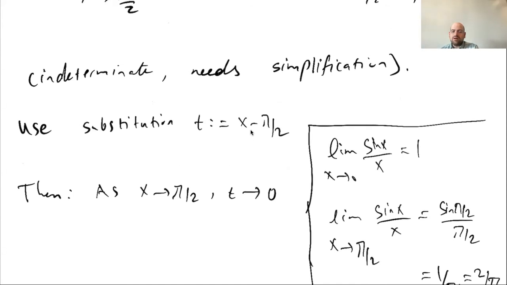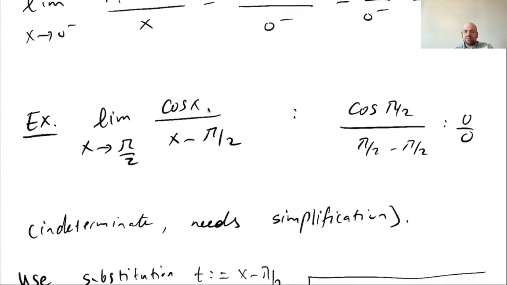T is x minus pi half, so if x approaches pi half, t will approach pi half minus pi half, which is 0. And now we can try to rewrite the limit in terms of t. Right now it's in terms of x, and every x must be replaced with t. This part, we established, will be replaced with t approaches 0.